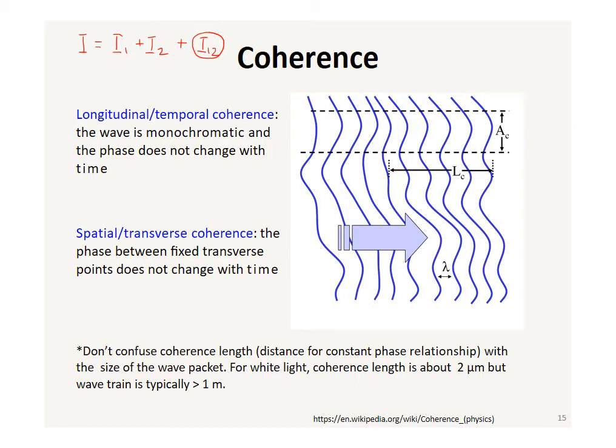They could be shifted, and there can be a phase difference between them, but it has to remain constant. So coherence is the situation, we call it, when the phase difference between two times or places is constant.